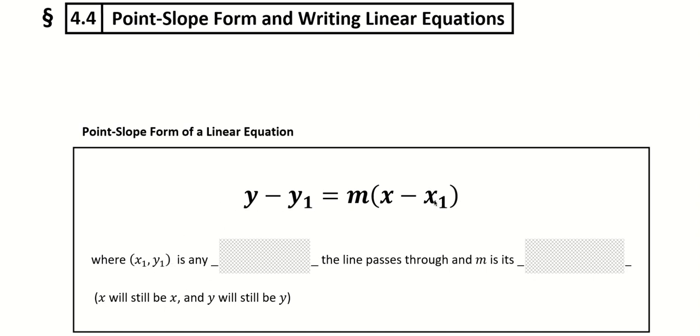But this x1 and y1, together, represent any point the line passes through. And m, of course, will be its slope. So just like slope-intercept form, by just looking at an equation in this form, you will know some really useful stuff about the line.